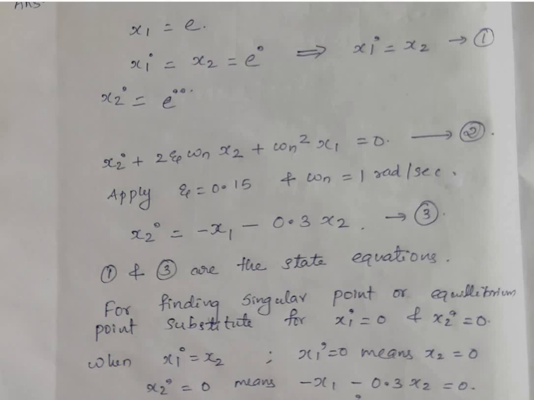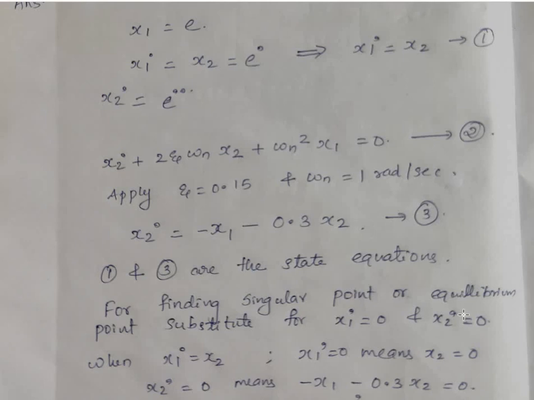Now apply the values of theta and omega n. Now our second state equation will become x2 dot is equal to minus x1 minus 0.3 x2. So 1 and 3 are your state equations. This PDF file also I will share to your Google Classroom.